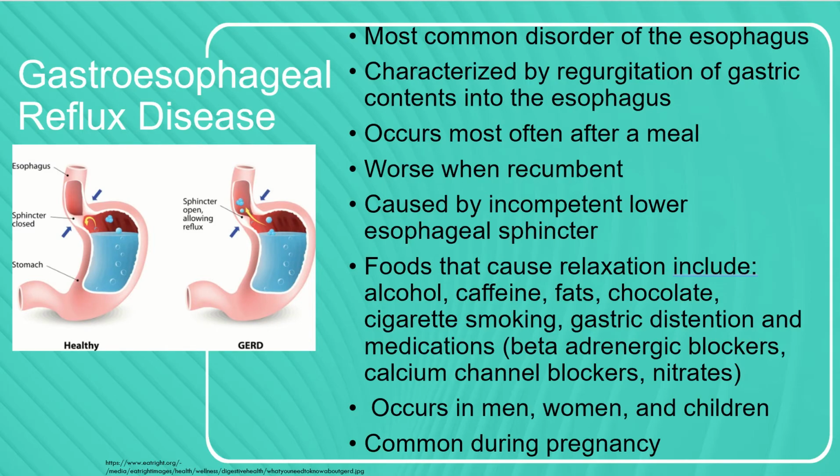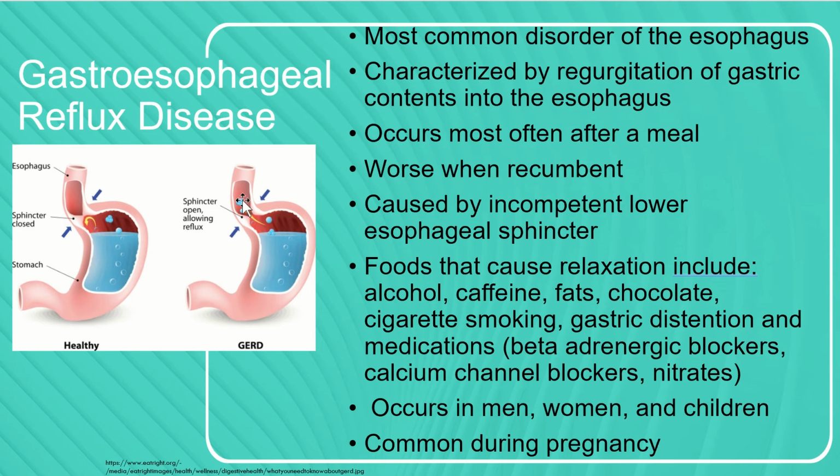All right, so GERD. It's the most common disorder of the esophagus, characterized by regurgitation of gastric contents into the esophagus. It occurs most often after a meal, and it's worst when lying down, caused by an incompetent lower esophageal sphincter. Here is the image of that: a healthy stomach and a healthy closed sphincter.